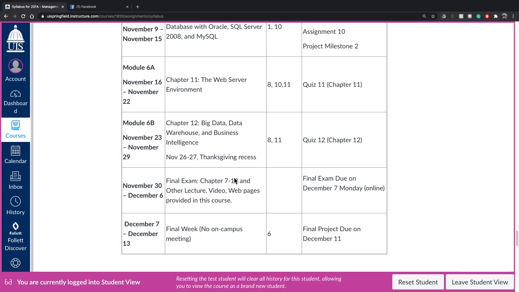And for MBA students, it's also a certificate: MIS 513, I think MIS 542, and MIS 578. Those three classes give you a business intelligence certificate.